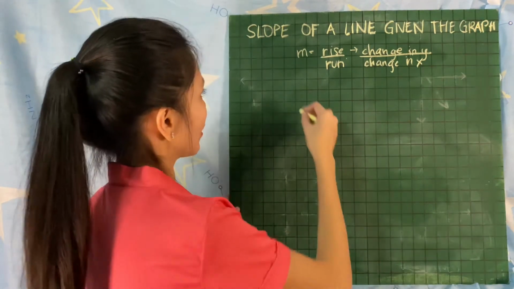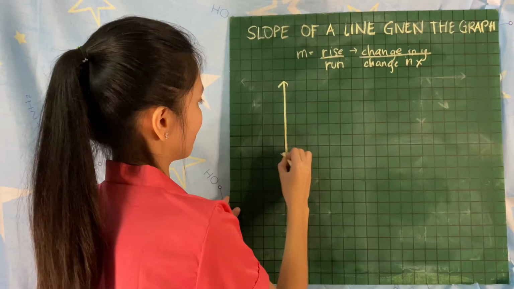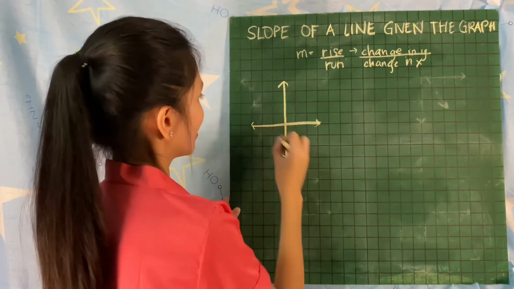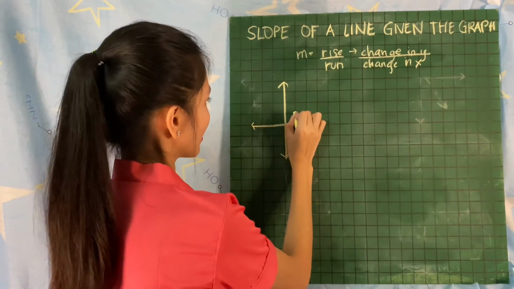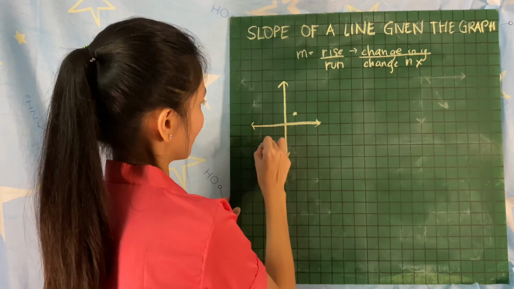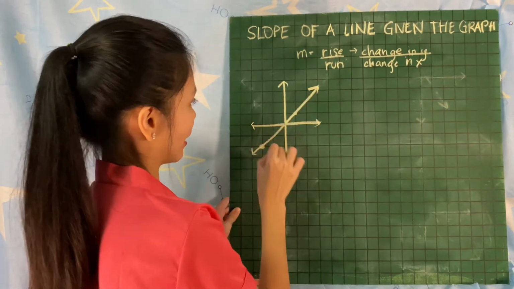So, for example, we have this graph. We have here a point and another point. Connect the 2 points, we will form a straight line.